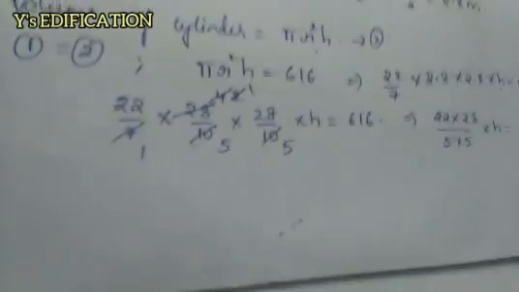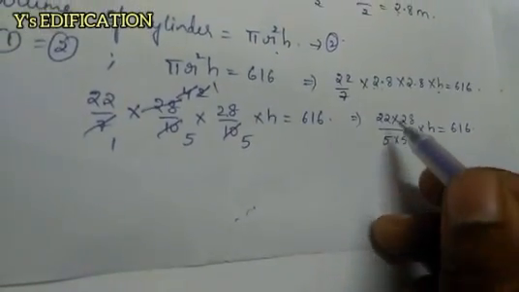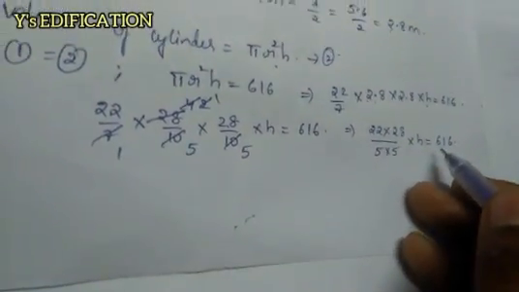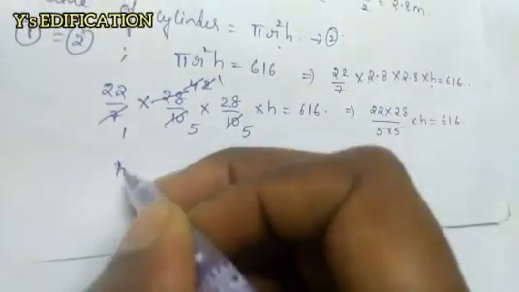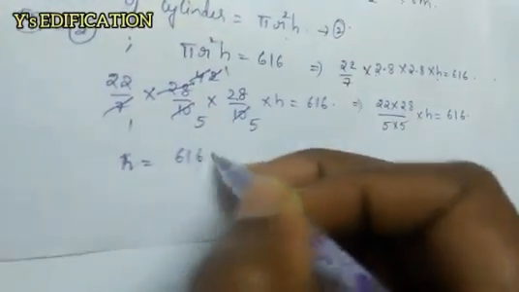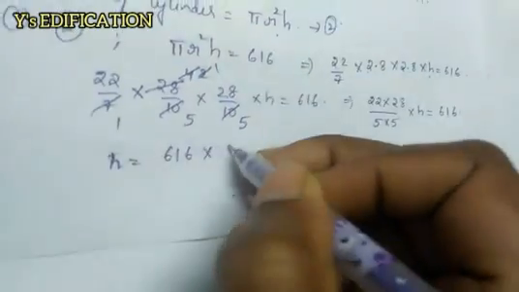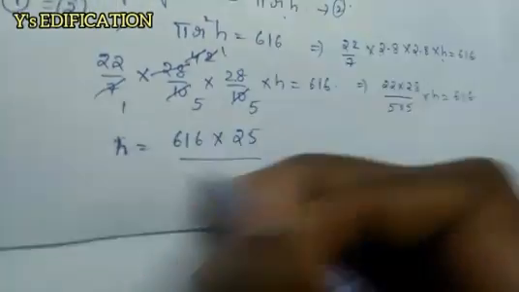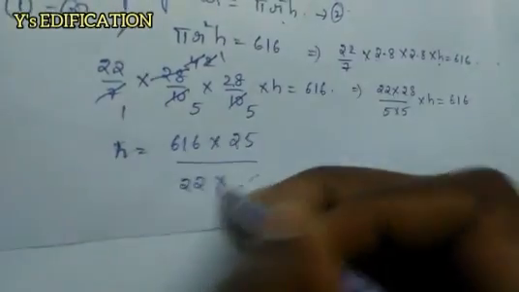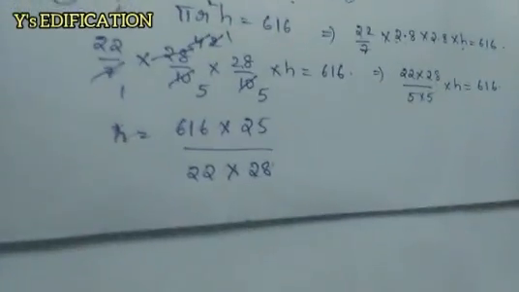Okay. So what we have to do here, we have to transpose this whole term to RHS side. So what will it become? H is equal to 616 into 5 into 5 is 25 by 22 into 28. Okay.